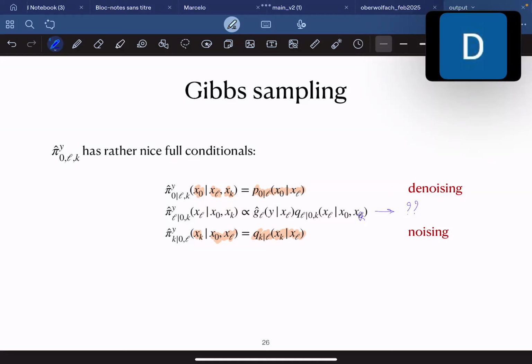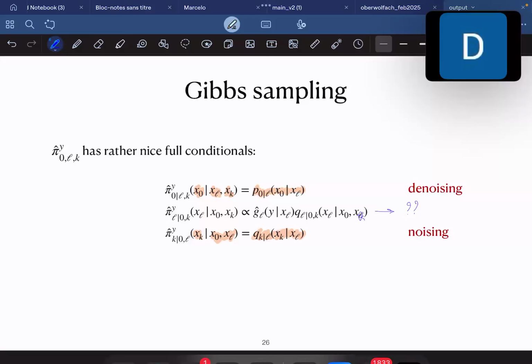But then the intractable conditional would correspond to the conditional distribution of XL given XK, and you wouldn't have this particular form for the conditional.